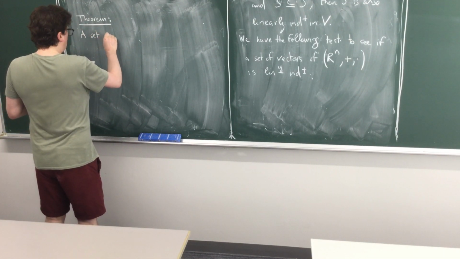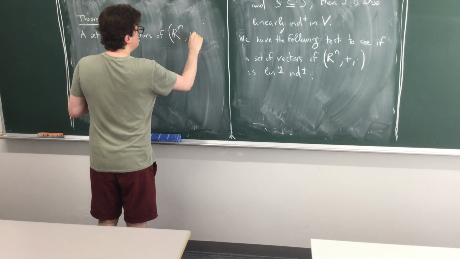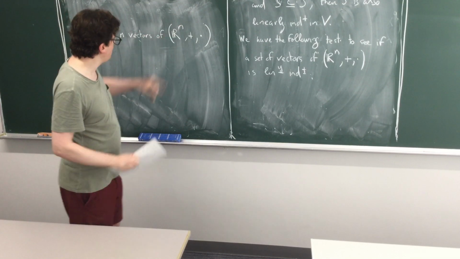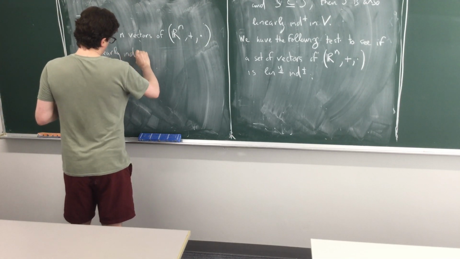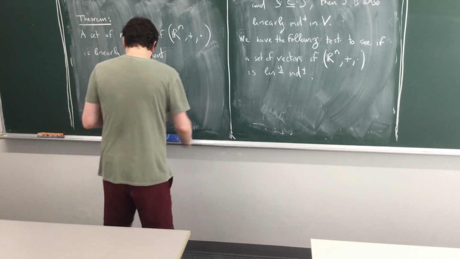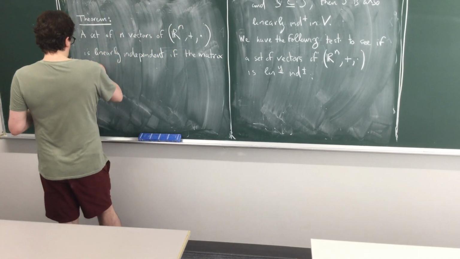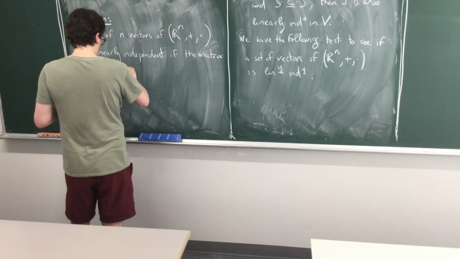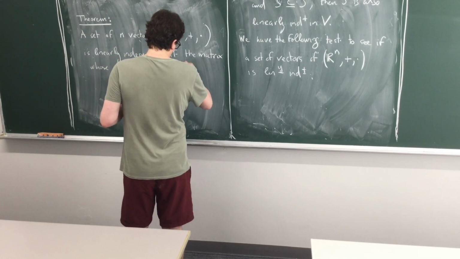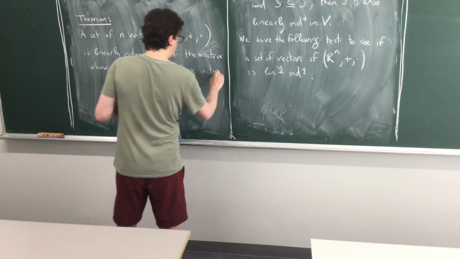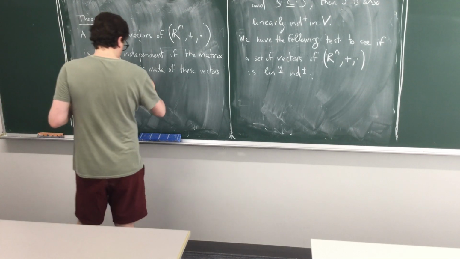A set of n vectors of R to the n. So it must be the same number of vectors as this n vectors in R to the n, okay, is linearly independent if the matrix whose columns is made of these vectors has a non-zero determinant.